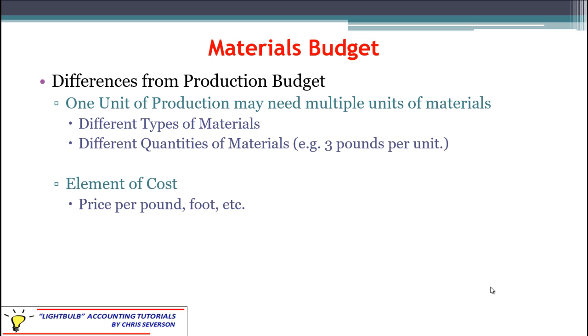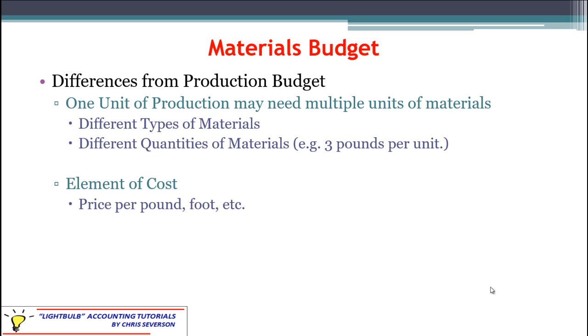So, as I mentioned, one of the main differences from the production budget is that you may end up having multiple types of materials that you need. Plastic, rubber, wood, steel, whatever types of materials you're talking about. And you also have to worry about the quantities of those materials needed. With the production budget, it was just a flat unit. 1 unit was 1 unit.